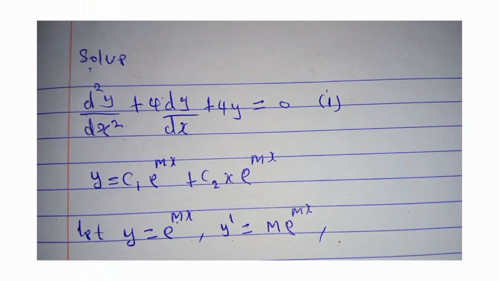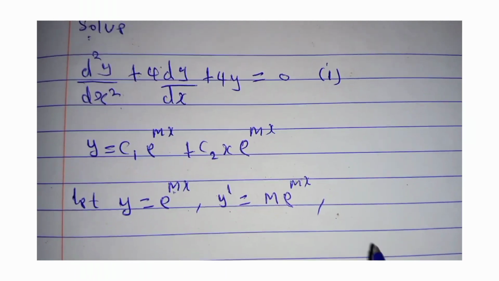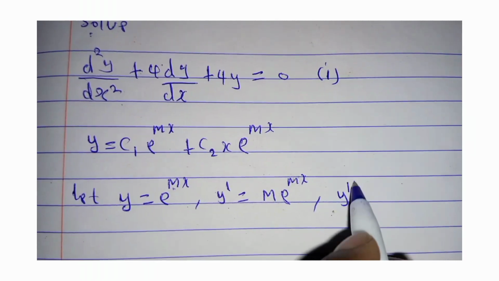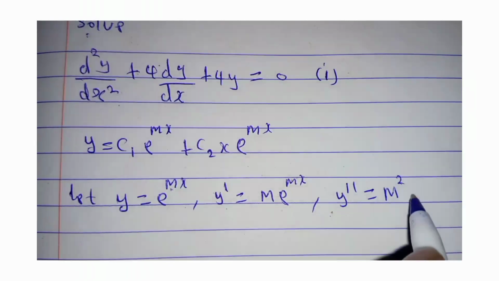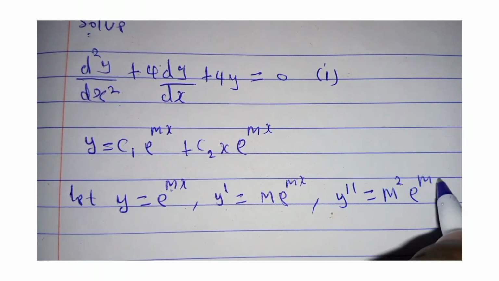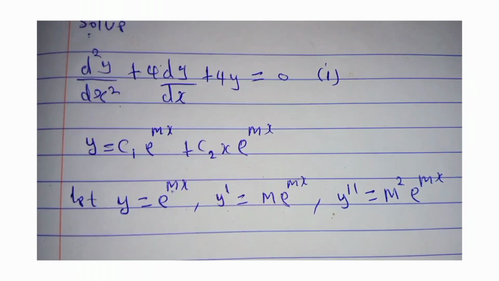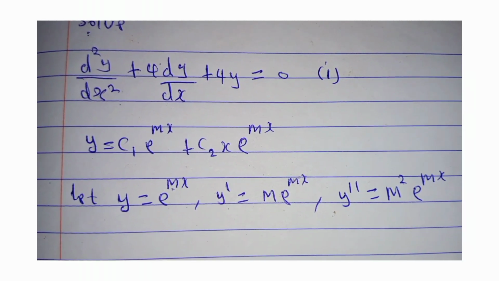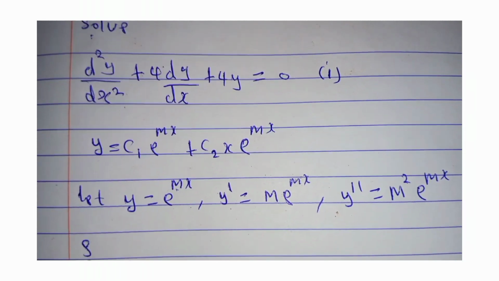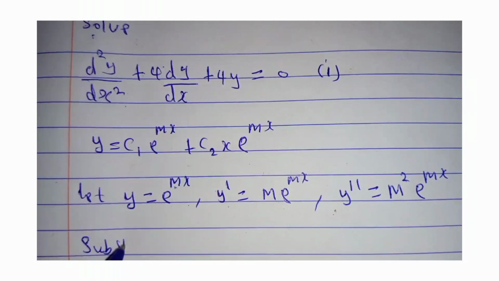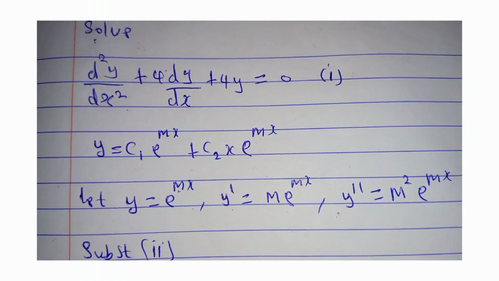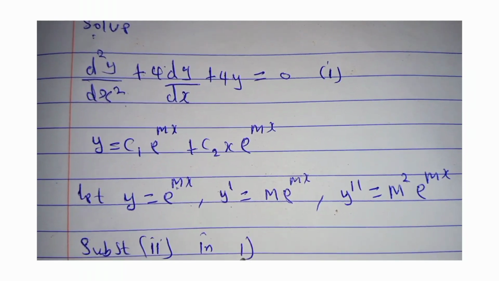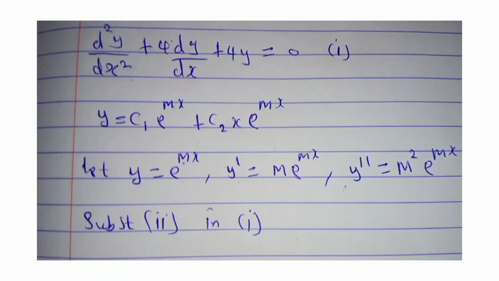You differentiate this twice, y double prime, which will give you m squared exponential mx. You call this number 2. So you substitute 2 in 1. We do exactly like that.